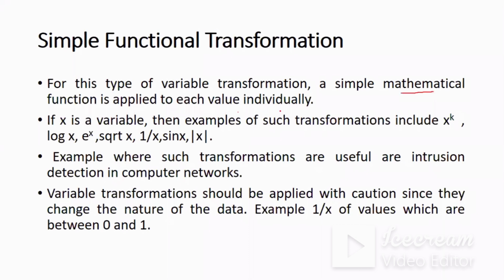For example, x is a variable. We can say x square, or log x, or e power x, or square root of x, or 1 by x, or sin x, or mod x. These are the ways in which the transformation is done, so that the values fall into a small range.